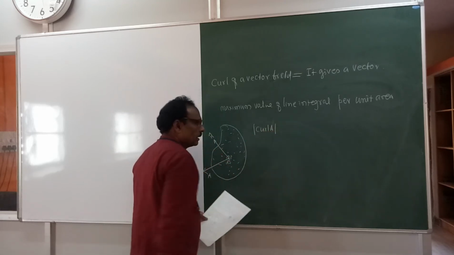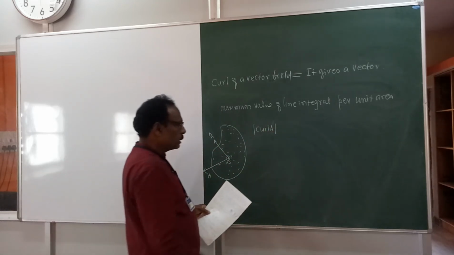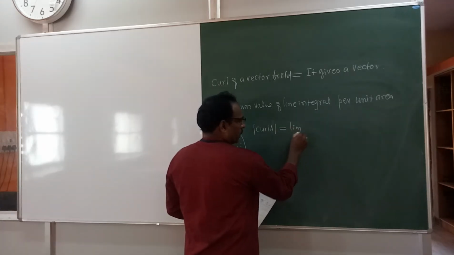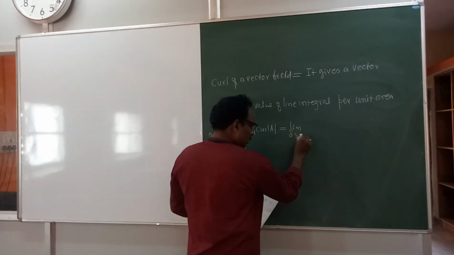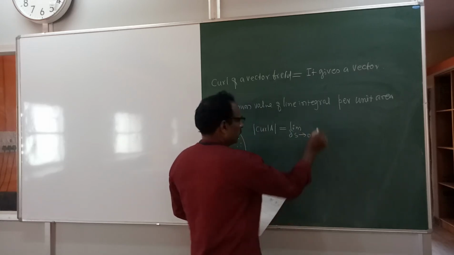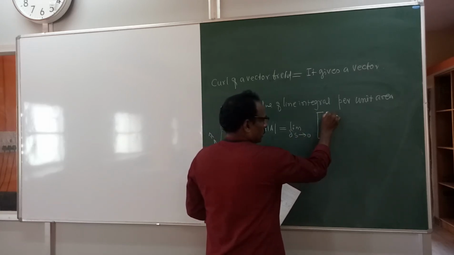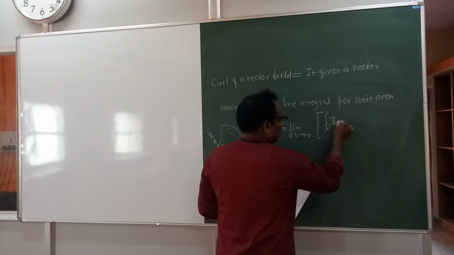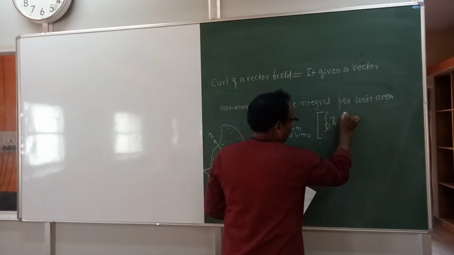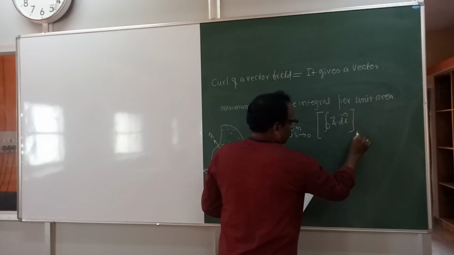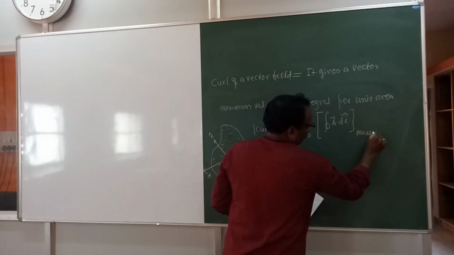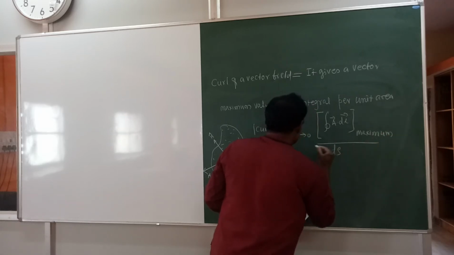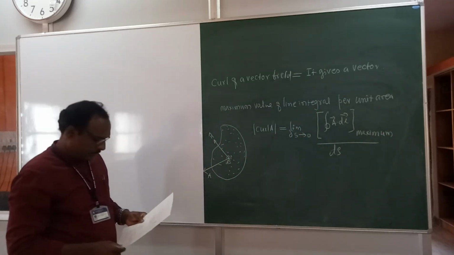The curl of a vector is defined mathematically as limit delta S tends to 0, the closed line integral of A dot dl, its maximum, per unit area of this surface area.